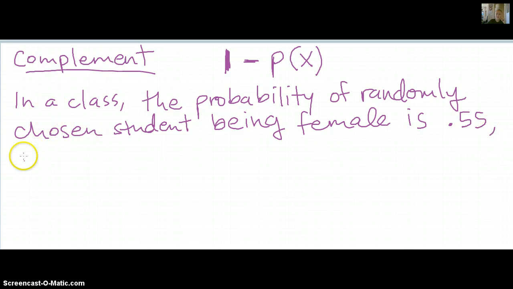We could say, what is the probability of the complement?